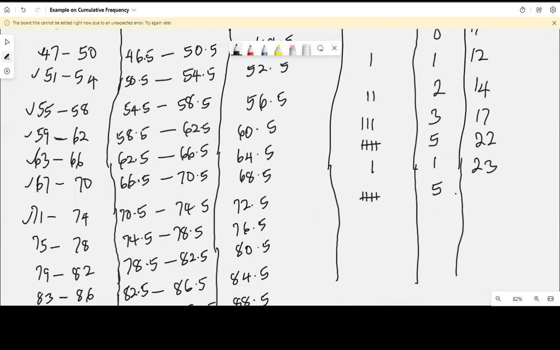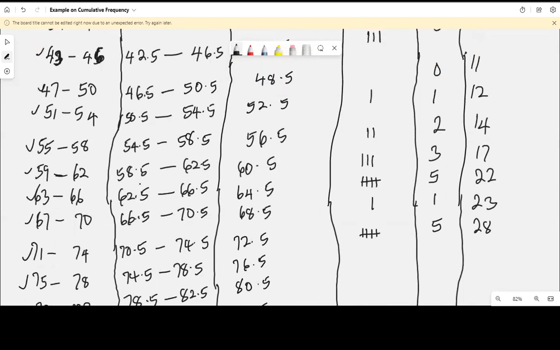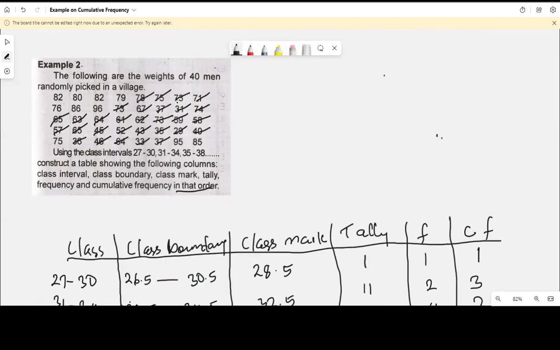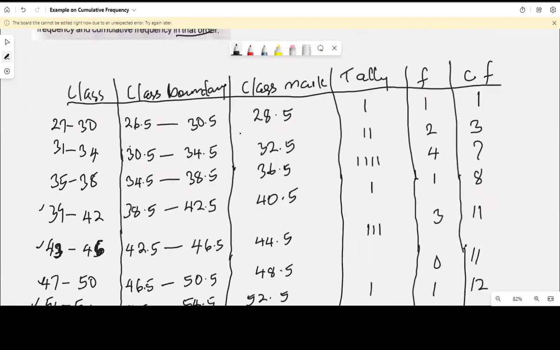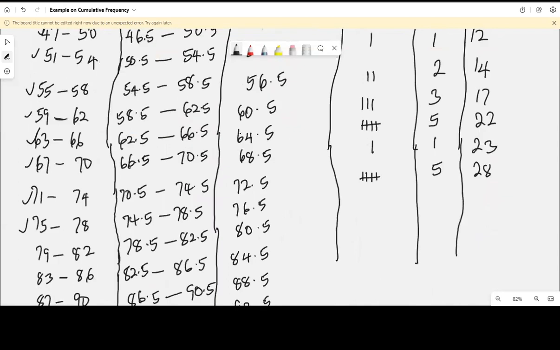The frequency is 5. The cumulative, we add the 5 to this 23, which is 28. The next interval is 75 to 78. 1, 2, 3, and 4. 1, 2, 3, 4 for the tally. Frequency is 4. 4 plus 28 is 32.